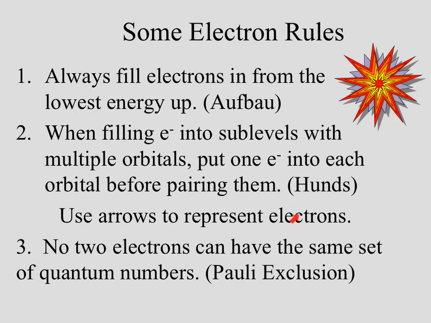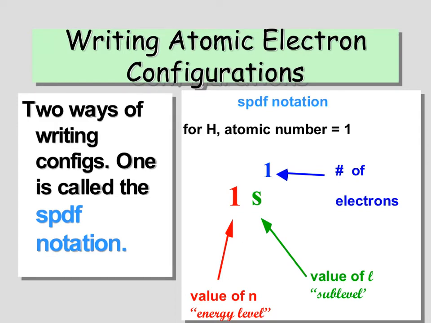The second rule is Hund's rule, which says that when you fill electrons into the orbitals, you have to half fill them, putting one positive spin electron in each orbital first, and then you can go back and pair them up with a negative spin electron. And then the third rule is the Pauli exclusion principle, which says that no 2 electrons can have the same 4 quantum numbers. So this is where your notes pick up.